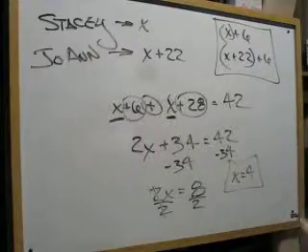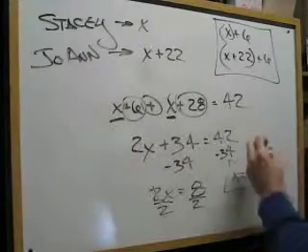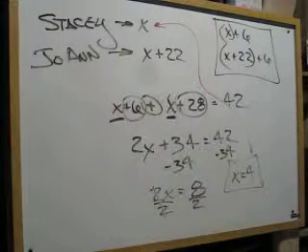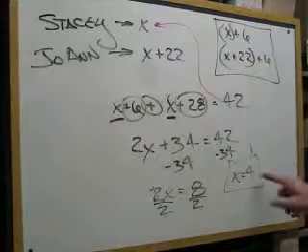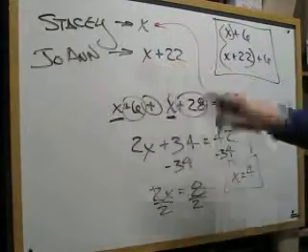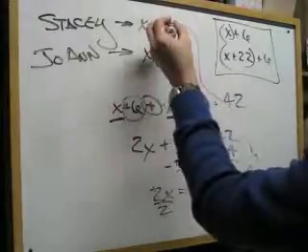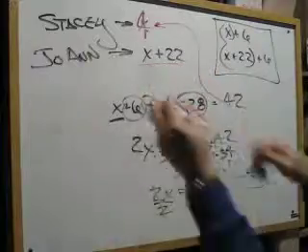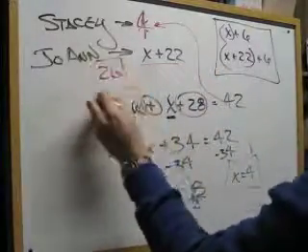So Stacy, if we look up at what X equals, is 4 years old. Joanne then is 4 plus 22, so Joanne is 26.